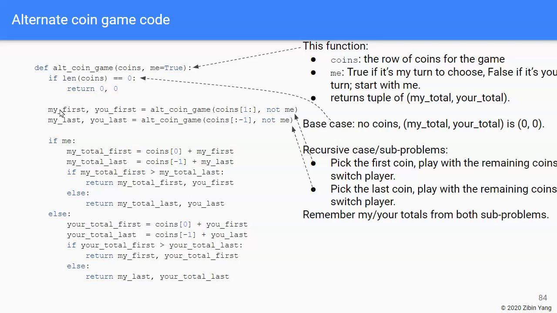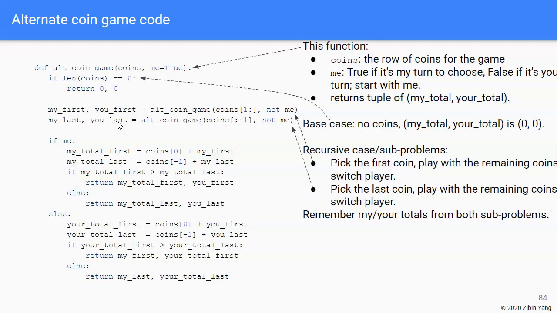One is for the current player to pick the first coin, and the second is for the current player to pick the last coin, right? If the current player picks the first coin, then the remaining coins would be the rest of the coins, so we're taking a slice here and taking off the first coin. We start at index 1 and go all the way to the rest of the coins.